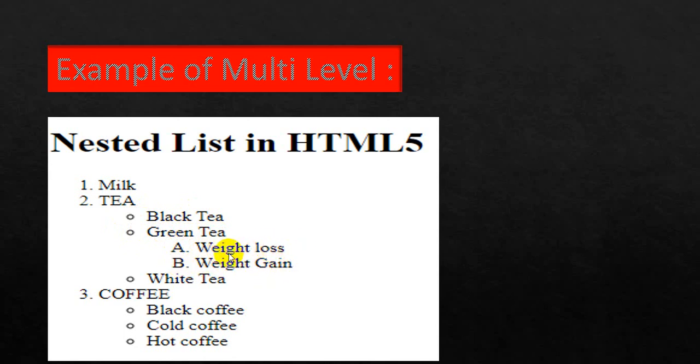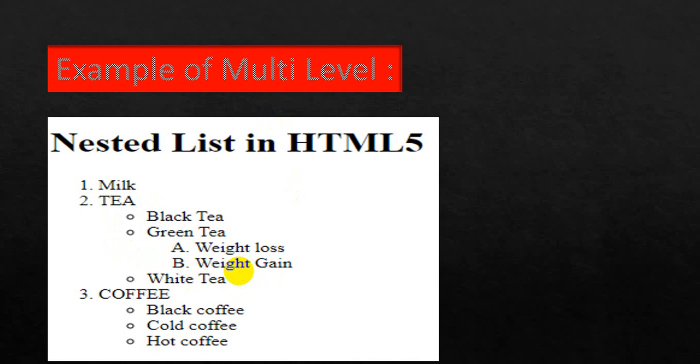So there are two levels. Green tea is a child of tea. This type of list is called a nested list, and it belongs to multi-level nested lists. We can have more levels, not only one or two, so it can be single level or multi-level.